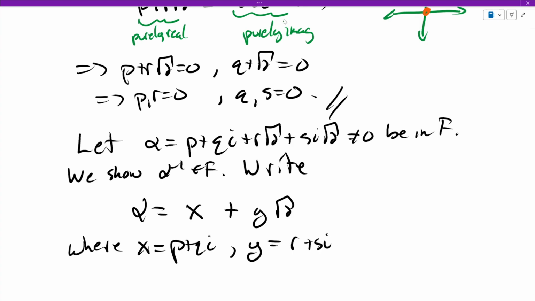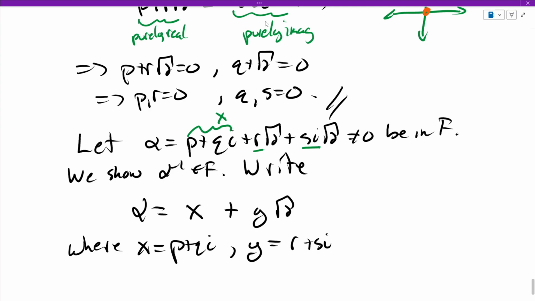That is, x is the first part of alpha, and then we factor out a root 2 from the last two terms in alpha, and when we factor out that root 2, we're left with y. So it's x plus y root 2.